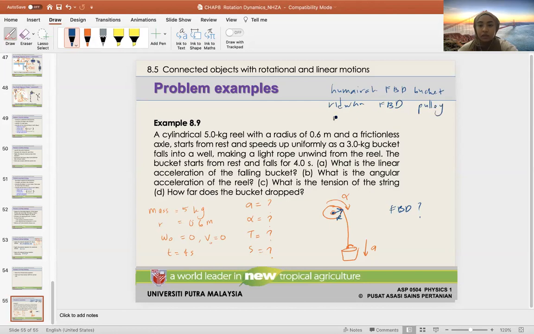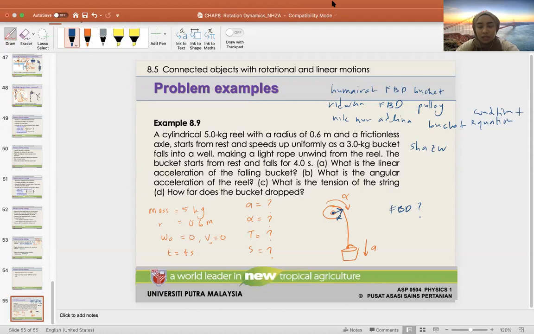Ridwan, free body diagram, pulley. Okay. Nick Nor Adlina, bucket punya equation and condition. Condition plus equation seorang lagi. Shazwina. Did I pronounce that right?